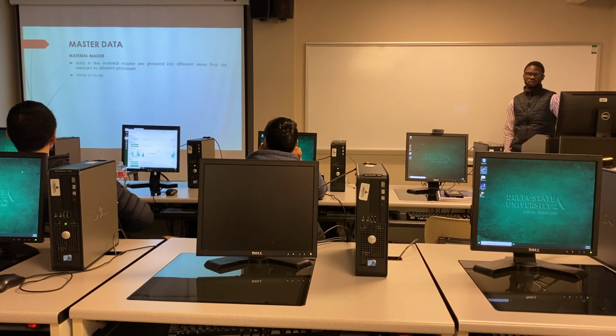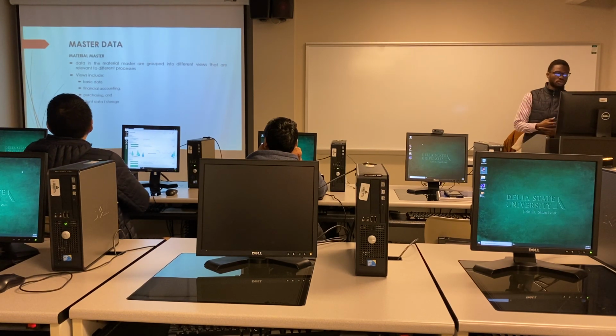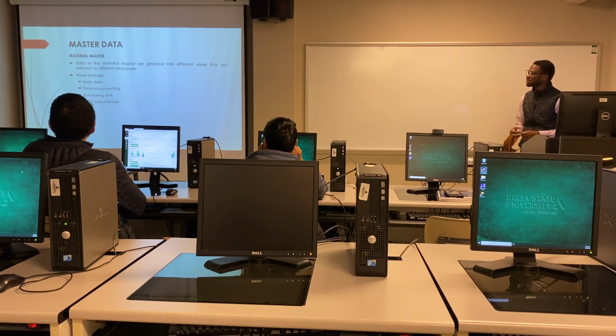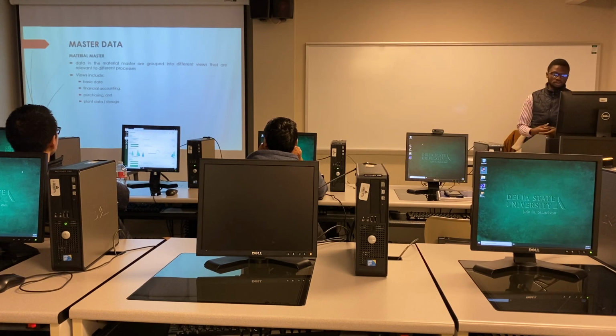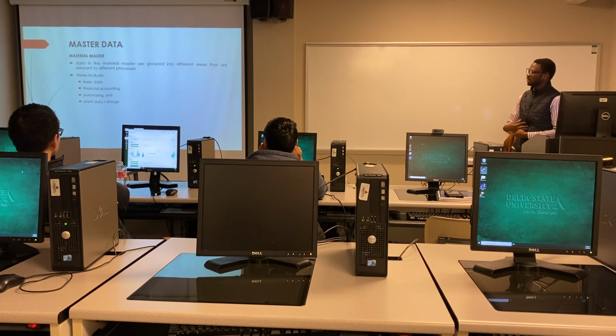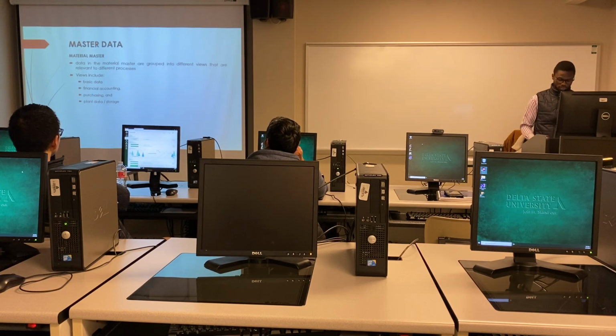Now, starting with the first one, material master. Data in material master are grouped into different views that are relevant to the different processes. The views include basic data, which include material number, description, weight. Then we have the financial accounting, the purchasing, and plant storage.